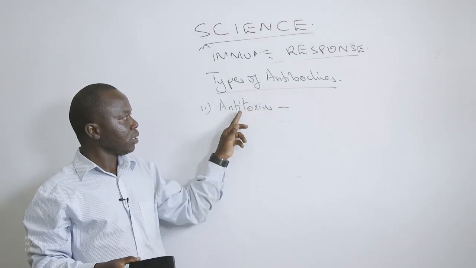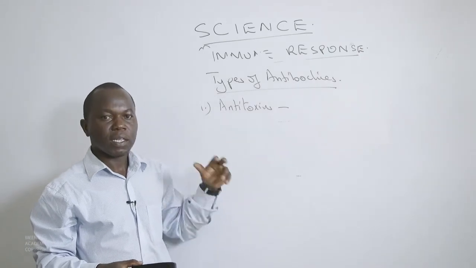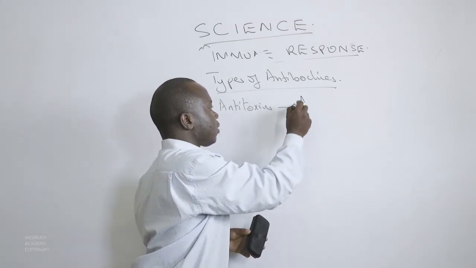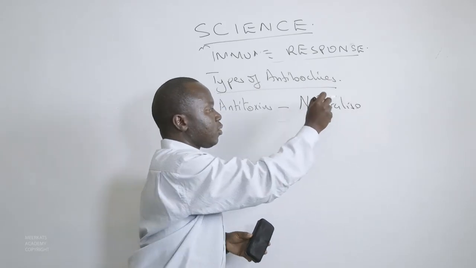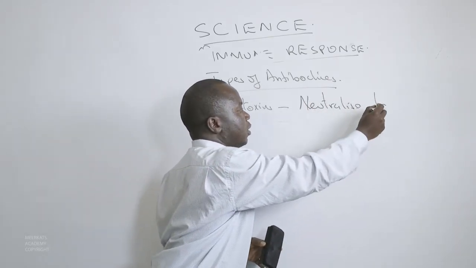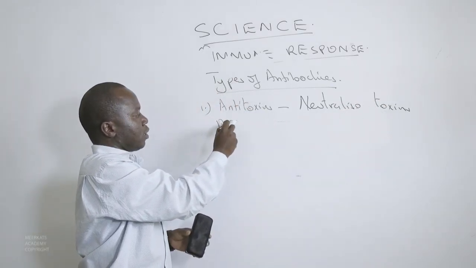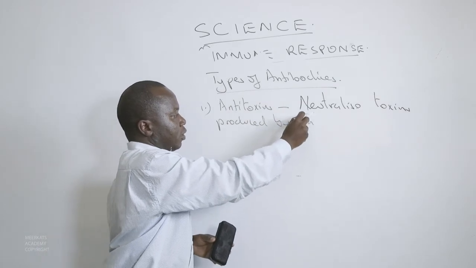So among antibodies, we have one type called antitoxins. Antitoxins simply neutralize toxins. They react with and neutralize toxins produced by pathogens.